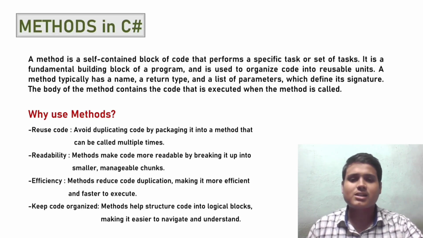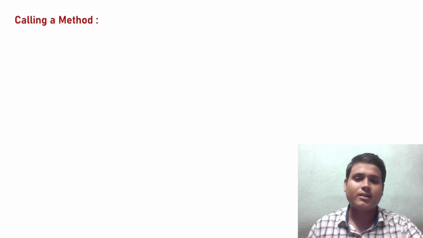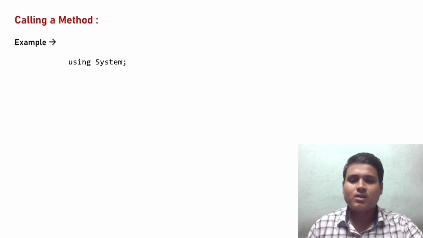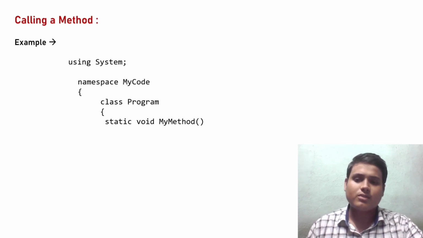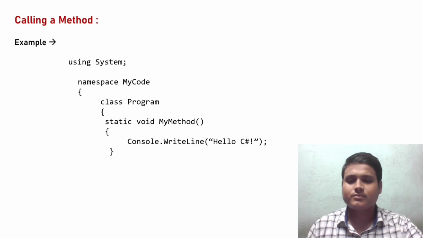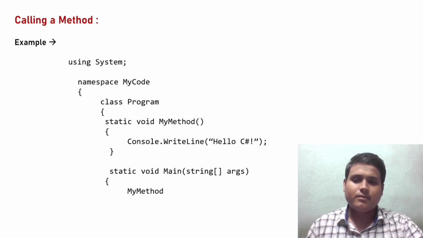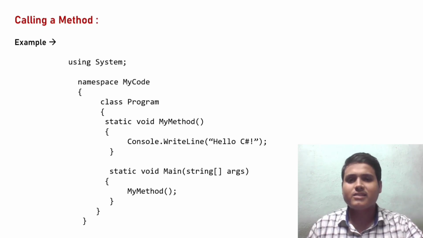So let us see examples of methods so we can understand them easily. First one is how we call the method. And here is namespace MyCode. This is like a container that holds our code. In this we are defining a new class named Program, and in the class Program we are defining a new method called MyMethod.